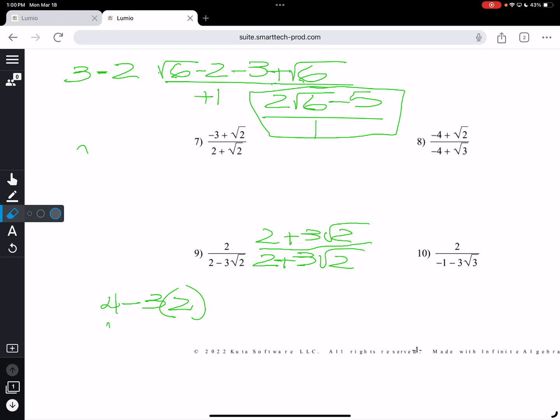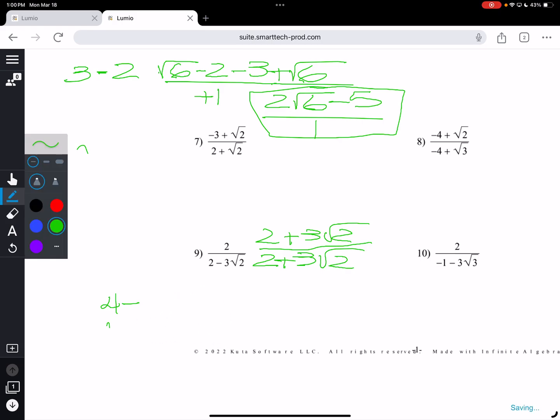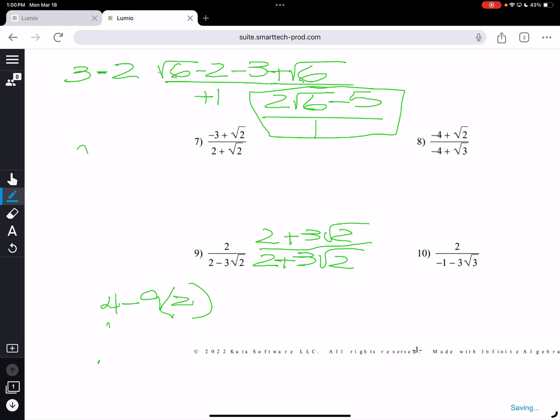I also kept the 3 as a radical. I was going to say, that's not the right number. 9 times 2 should be 18. So 4 minus 18 is negative 14. So you should have 4 plus 6 radical 2 all over negative 14.